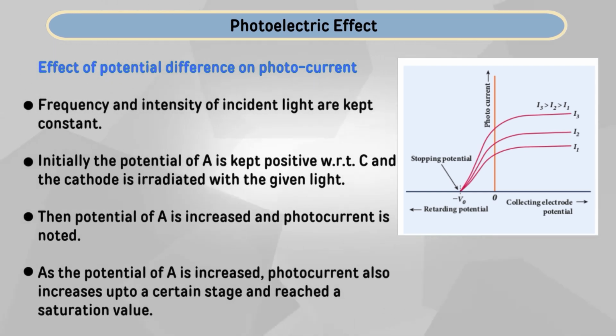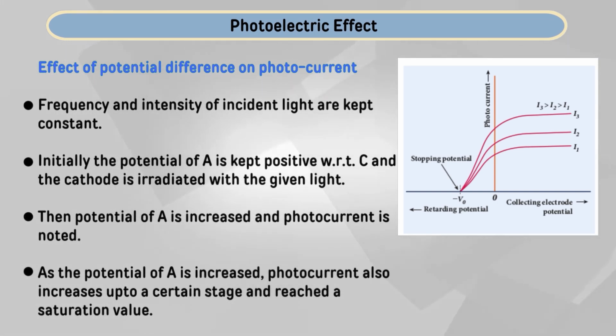The potential of A is increased successively and the photocurrent is noted. As the potential of A is increased, the photocurrent also increases up to a certain stage, where it reaches a saturation value, represented by the flat portion of the graph.